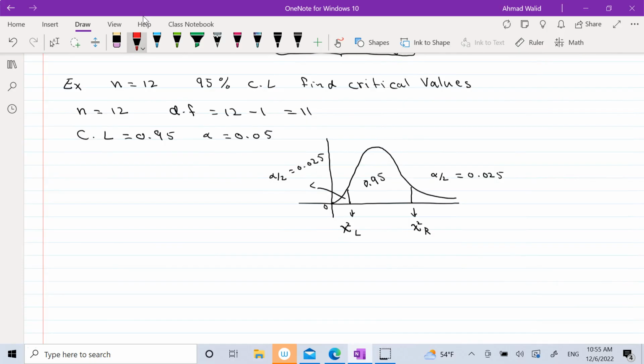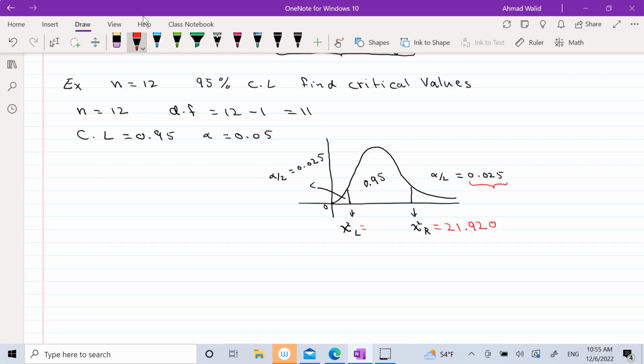Correct? The right side is 21.920. Now, what is the chi-square left? Is this the same number? Should I use 0.025 for the left also? Correct?